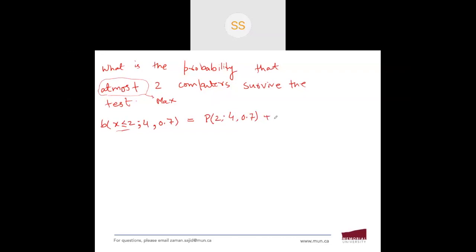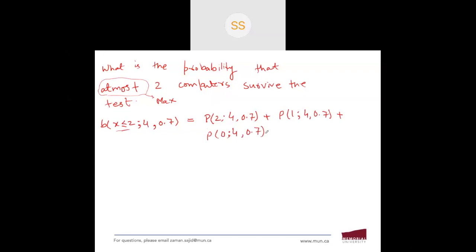plus, and I will start from 2 and I will go up to the 0 value. So this will be probability of 1; 4, 0.7 plus the probability of 0; 4, 0.7.